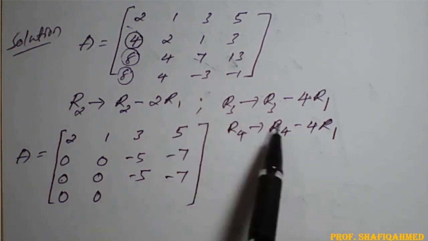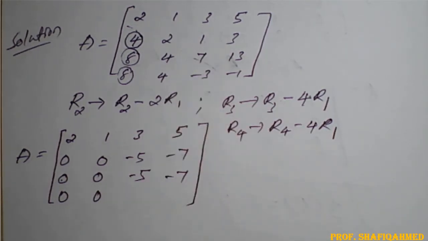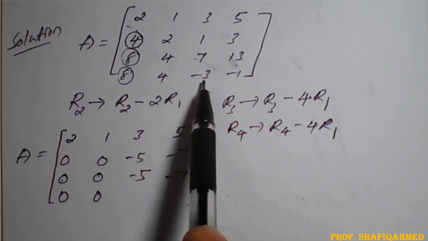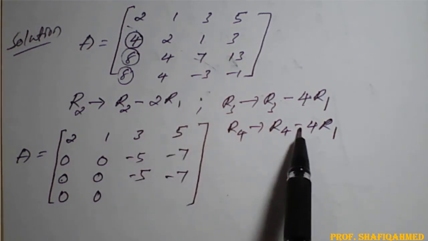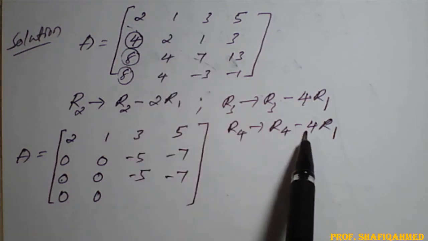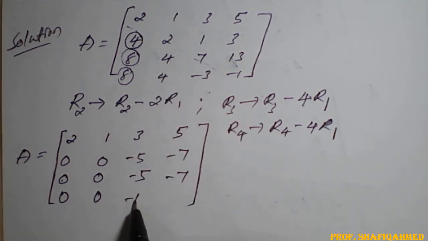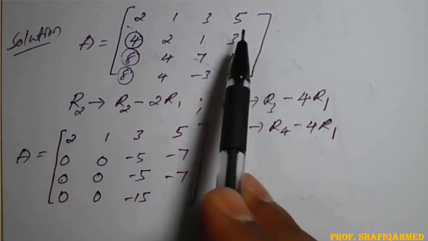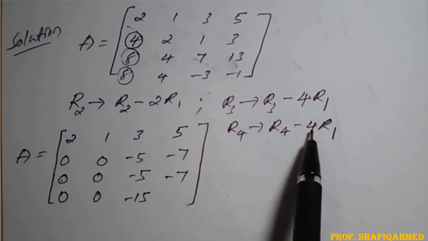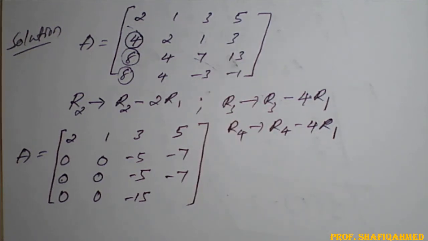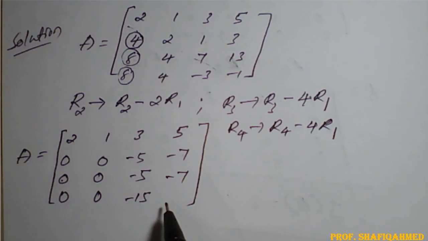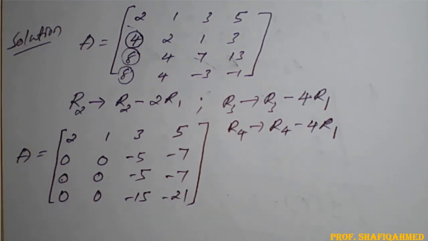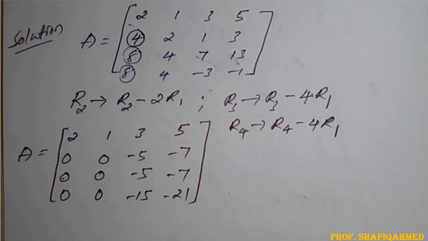Then -3, minus of 4 3s are 12, so -3 minus 12, it will become -15. And next is -1, minus of 4 5s are 20, so it will be -21. So once we got, just see here, both the rows are having the same elements.